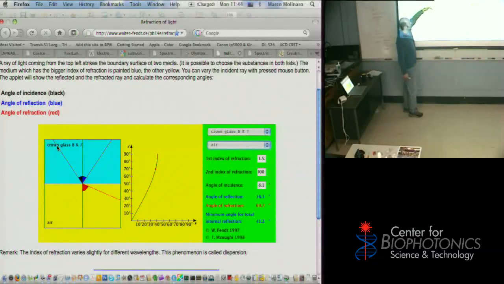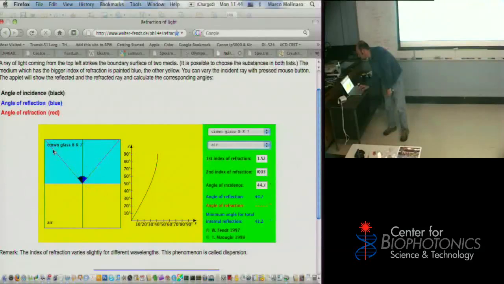If it goes out into the lower density medium, it'll bend away from the normal. If I go from high density to low density, I bend away from the normal. If I go from low density to high density, I bend towards the normal. Okay? Because of that, I can actually trap the light inside the glass rather than having it escape outside of the glass. And I'll show you a diagram of that in a second.